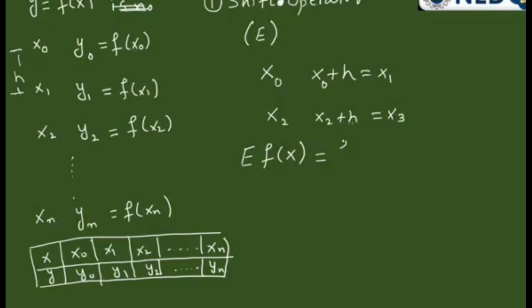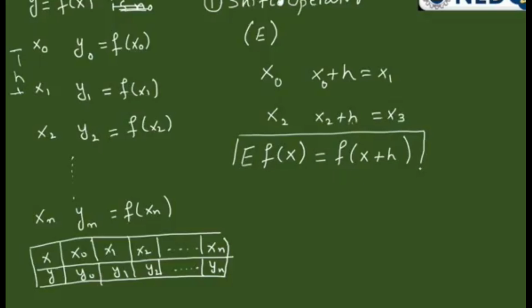So if I apply the operator on f of x, it will assign this function a value which is the value of the function ahead of that value. So x is the value, and the value which is ahead is x plus h. So this is the basic definition of the operator. It just assigns a value. There is no complex process to compute, it will assign a value.